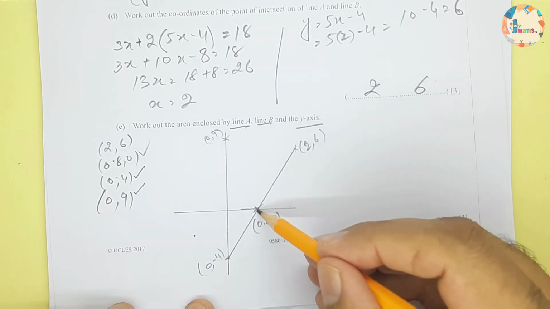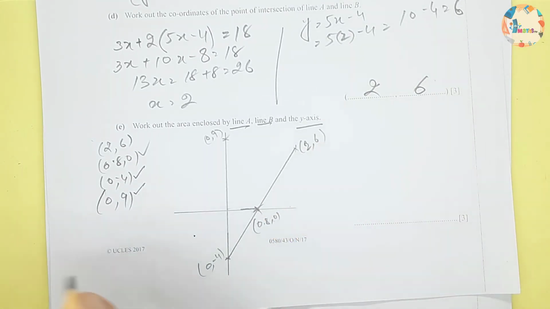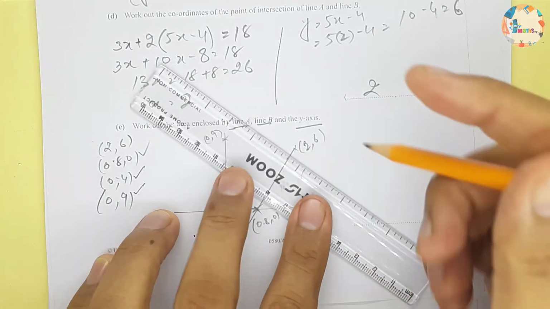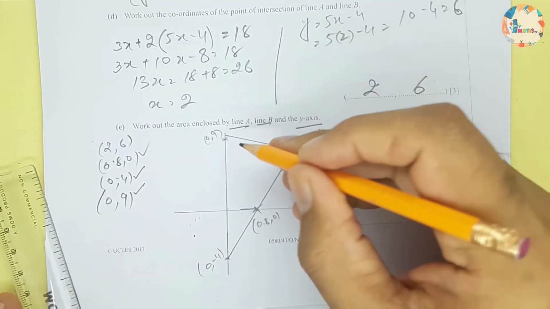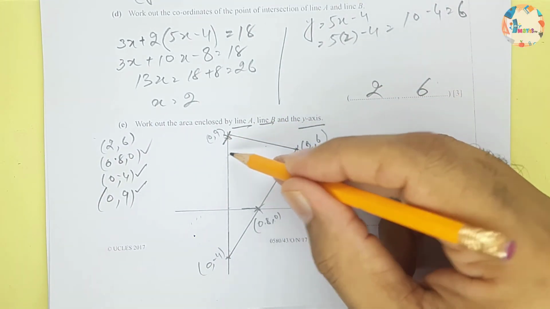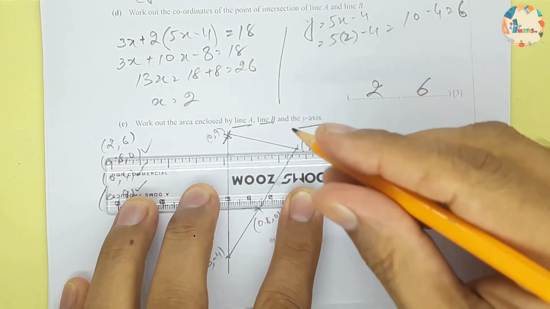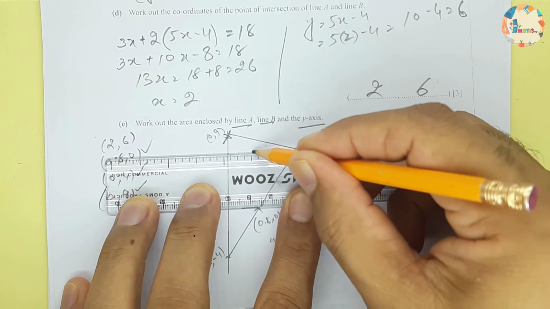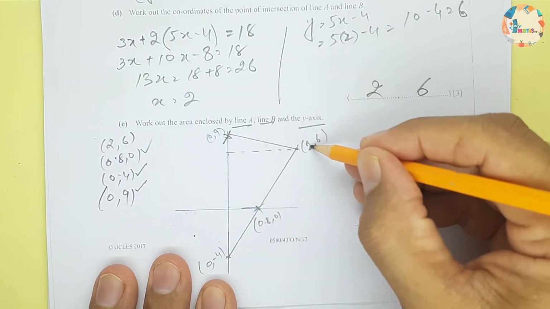Now these points are 0.8 and 0, and 2 and 6, and now we can join this one like this. So it's a triangular shape, and this will be the height. I will indicate the height with a dotted line.